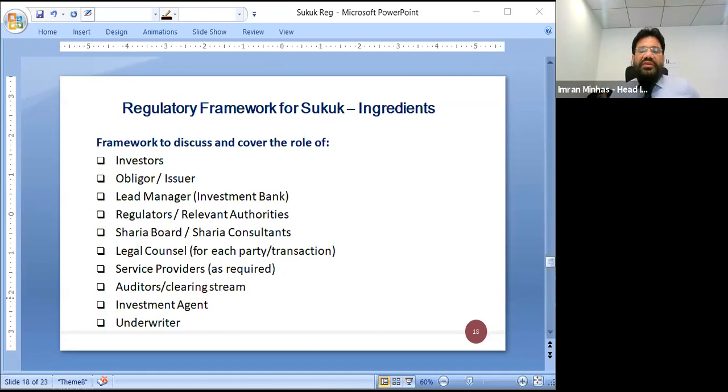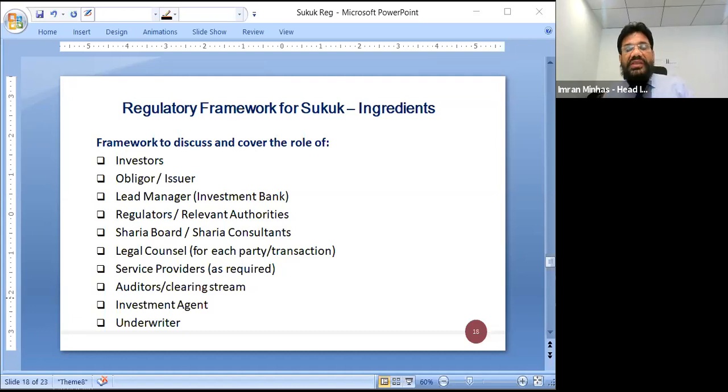You may authorize any other entity. So regulators, the relevant authorities who regulate this area, and what their powers are, and they must be given proper powers to regulate and enforce the laws.